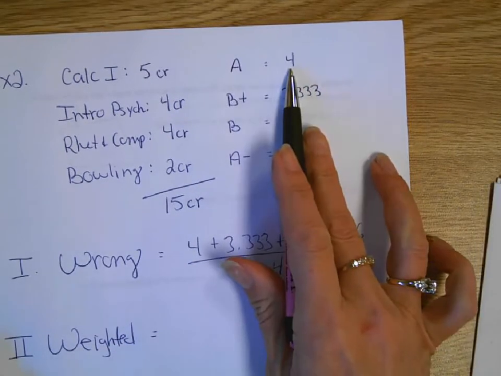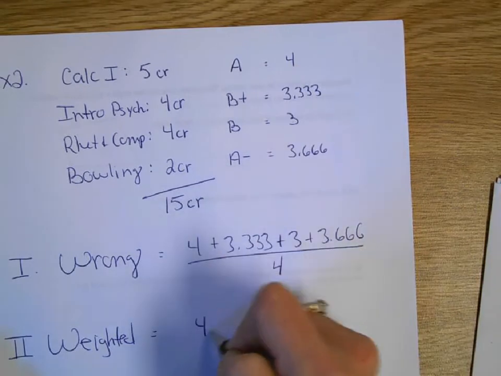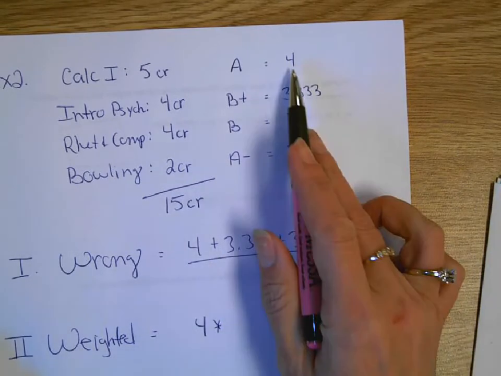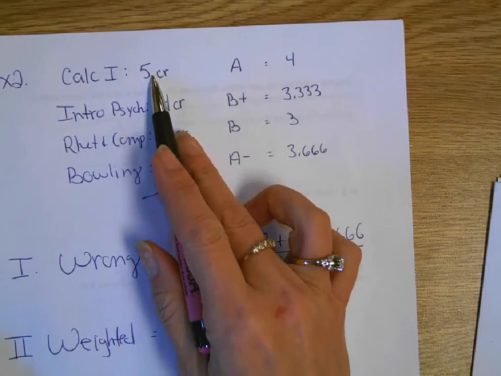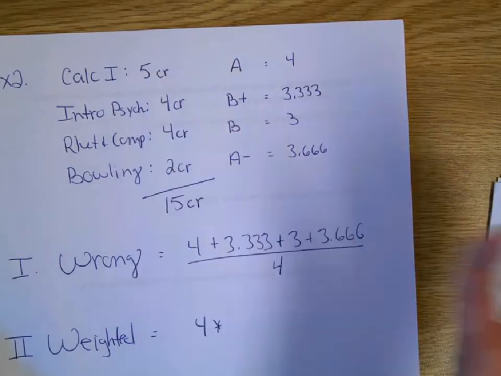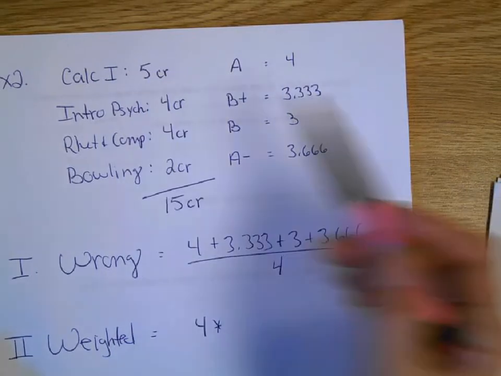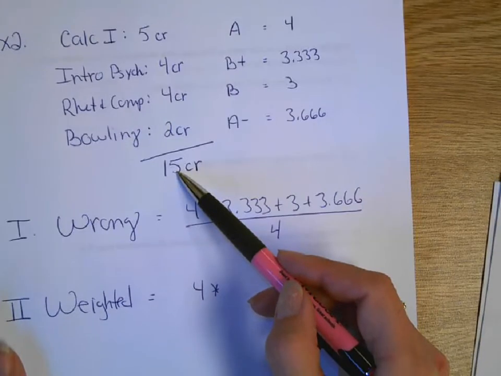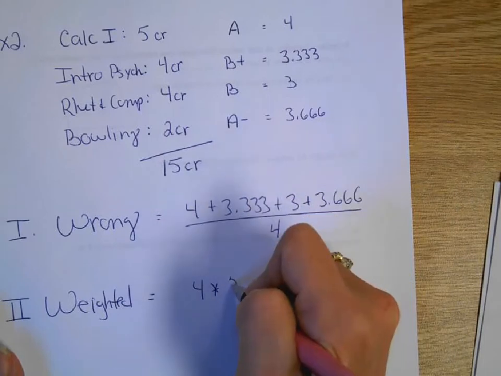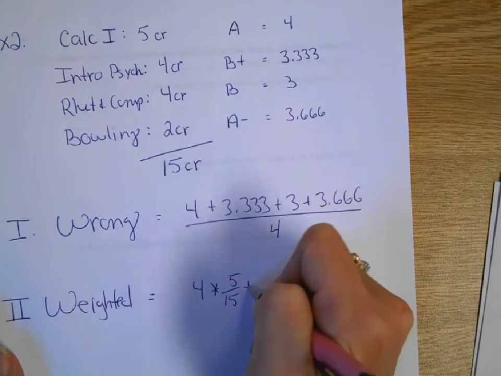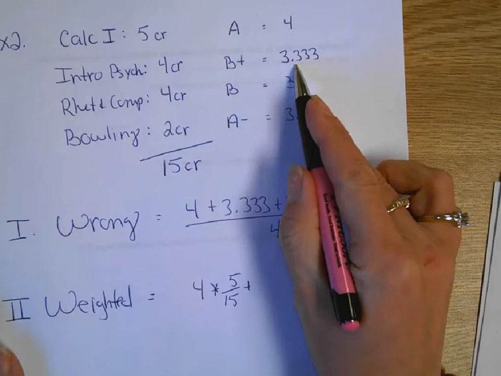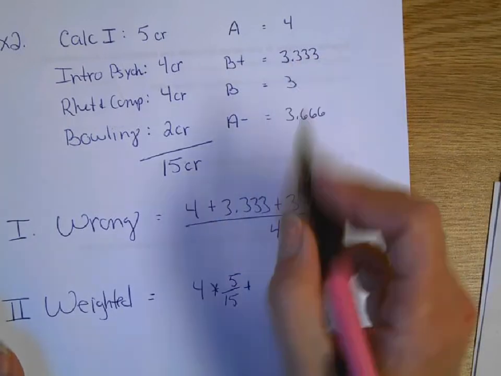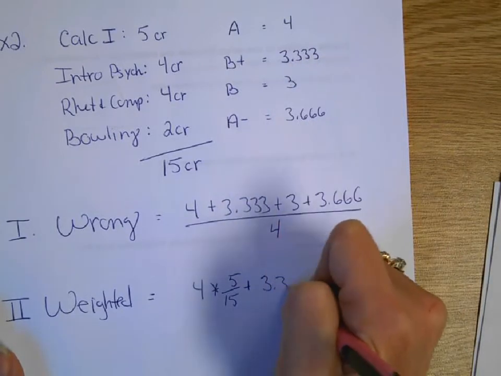So our average for Calc was a 4, multiplied by its weight. Its weight is 5 credits. Remember, weight is a fraction or a percent. So what fraction of your semester was calculus? Well, it was 5 out of 15, or 1/3 of my total credits. Then the average for the Intro to Psych was 3.33.